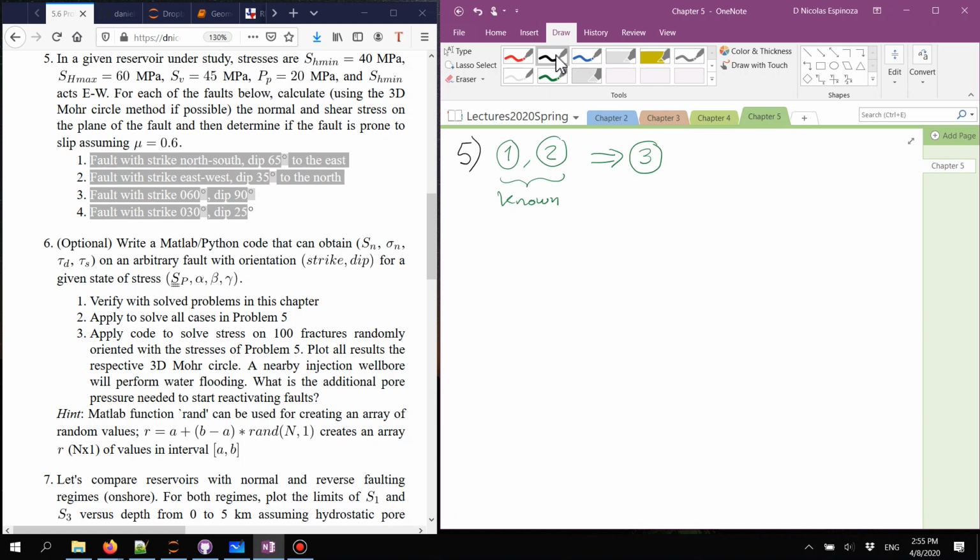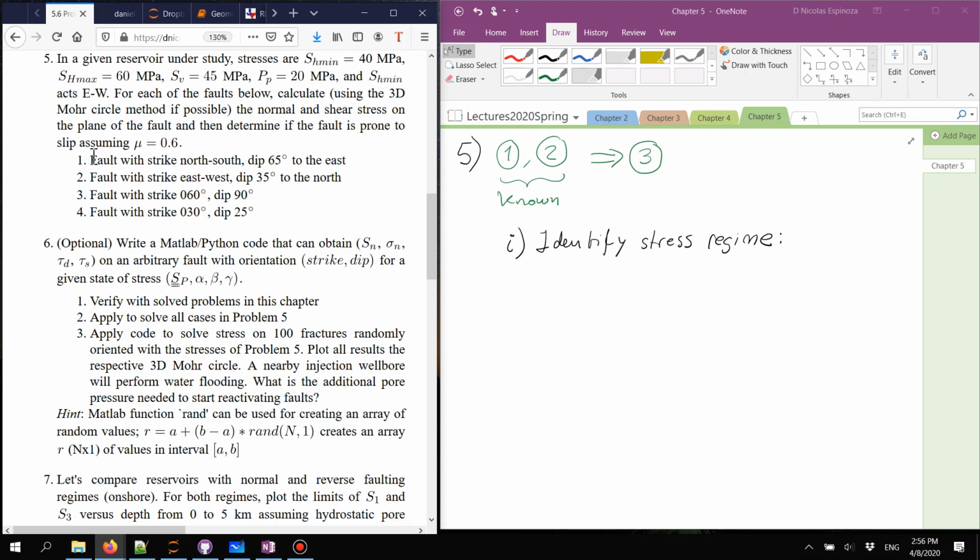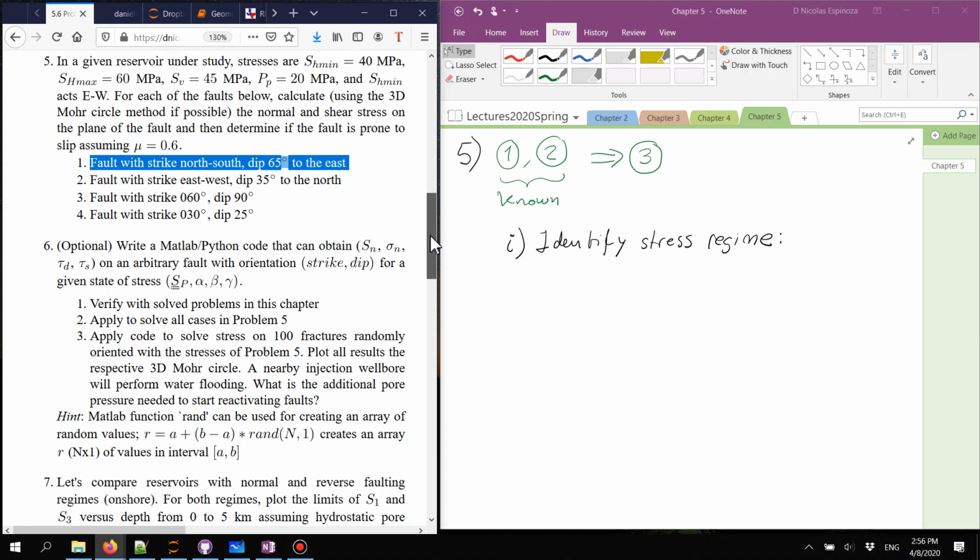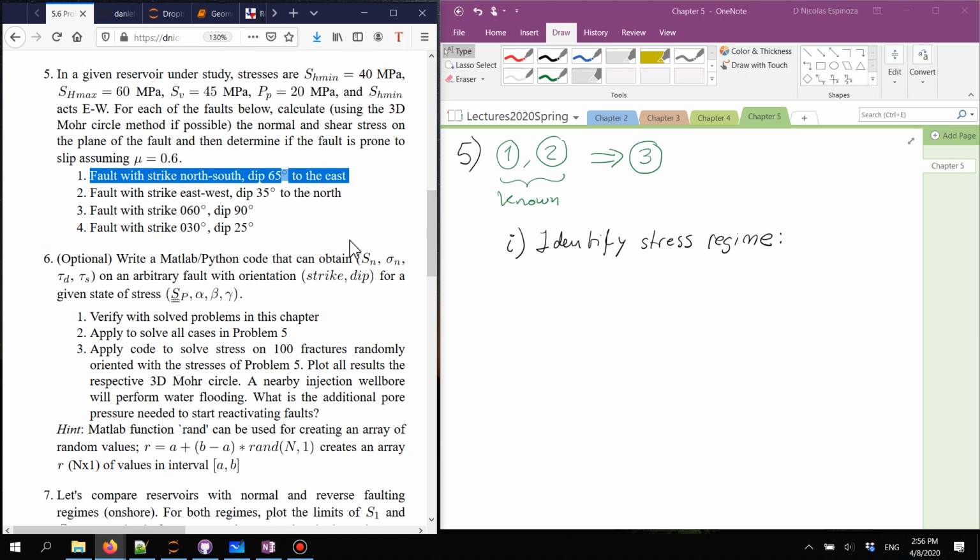All right, so the first step is going to be to identify the stress regime. And in this example, I'm going to use the first fault. I'll let you work with the others. For these particular problems, we have 4 faults, and for all 4 of them, we have the same stress regime.